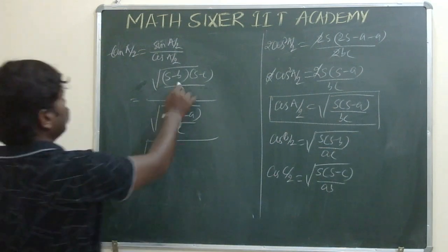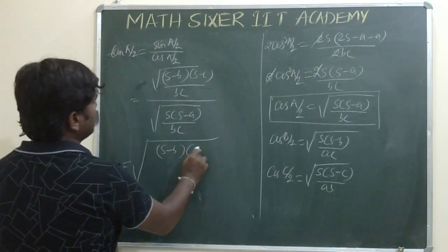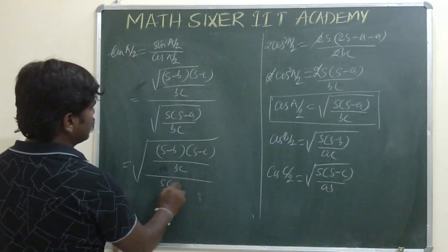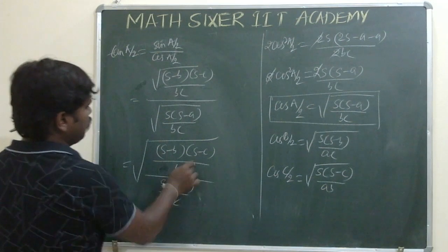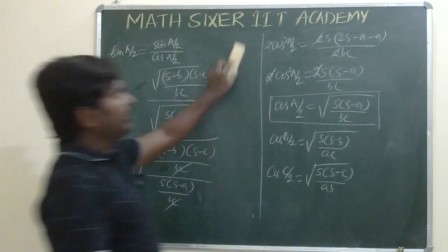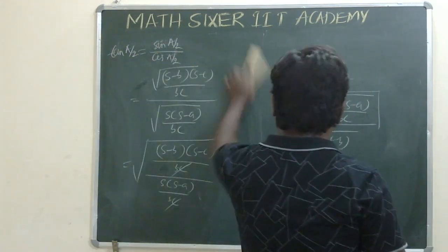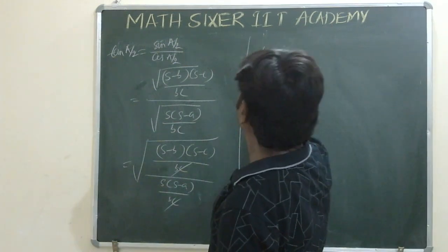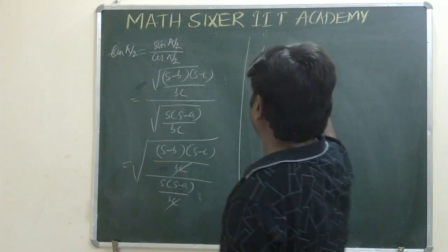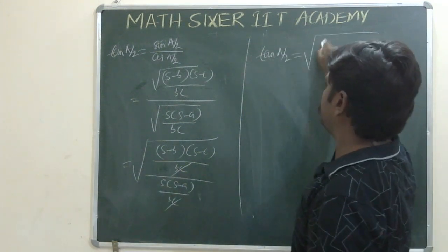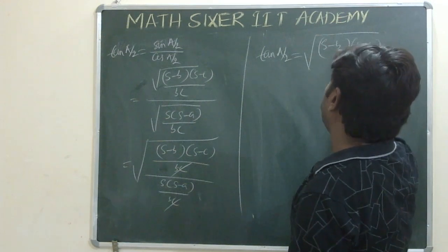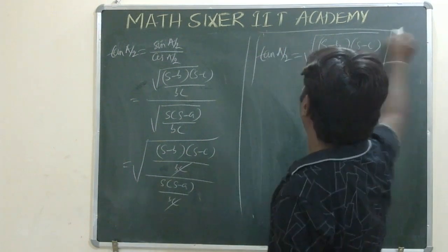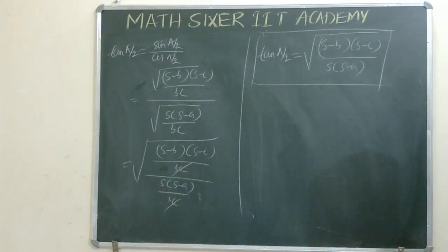So here when you are writing like that, then you will get s minus b into s minus c divided by bc, whole divided by s into s minus a whole divided by bc, and bc will be cancelled. Hence tan a by 2 is equal to what? Here we have square root of s minus b into s minus c divided by s into s minus a. So this is the tan a by 2 value.